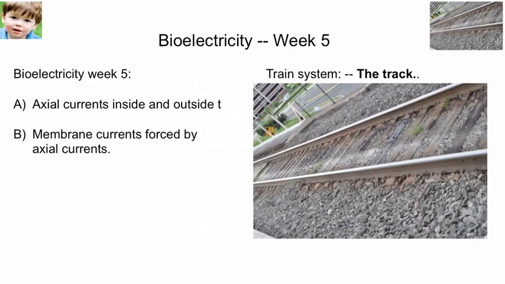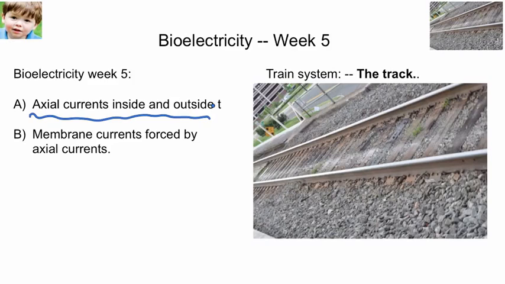There are 2 aspects of this for which we need quantitative results. The first, which I've called axial currents inside and outside, are the currents that flow from one place to another, either in the space inside the cells or in the space outside the cells.